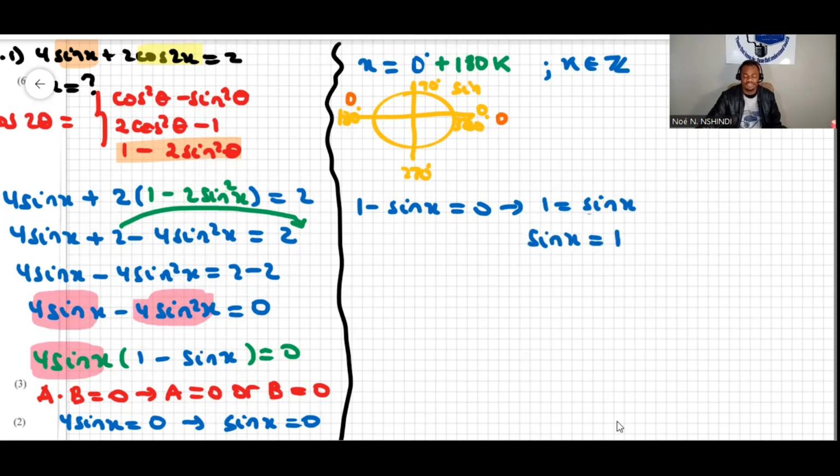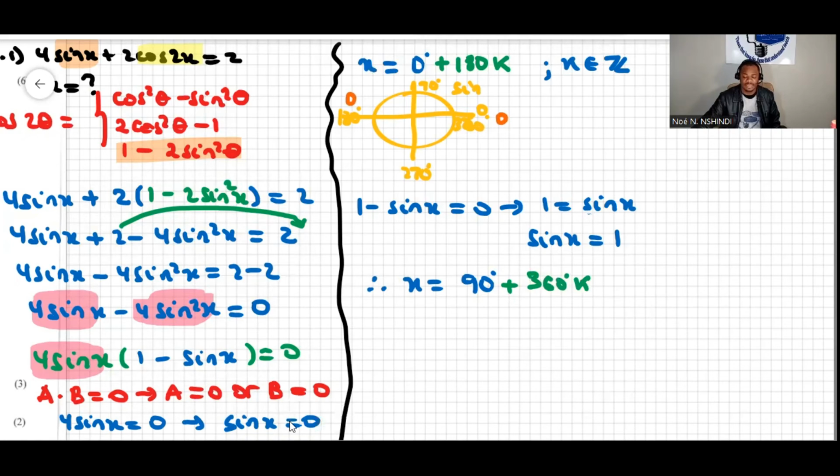Now, sine x is equal to 1 when x is equal to 90 degrees, but it's going to be so for every 360 degrees. So we say plus 360 degrees k, because sine has a revolution of 360 degrees. Every 360 degrees, it comes back to the same value.